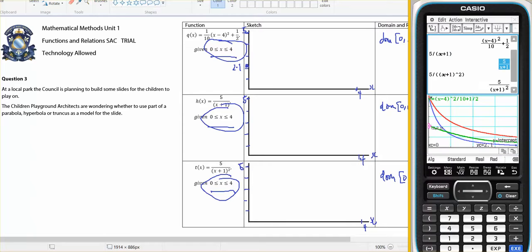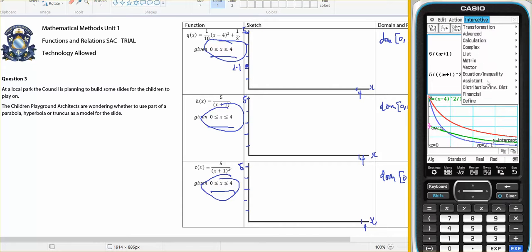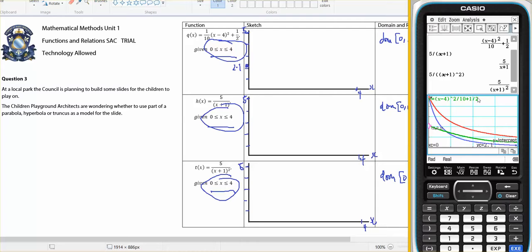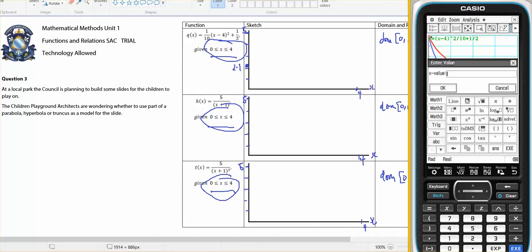So I'd like to find the endpoint. Have the graph highlighted, analysis, G-solve, do a y-calc when x equals. So it wants to know which curve. I want the green curve, so I go up and down until I get the green curve. I press EXE, and now it's going to ask me where, so I type in 4.